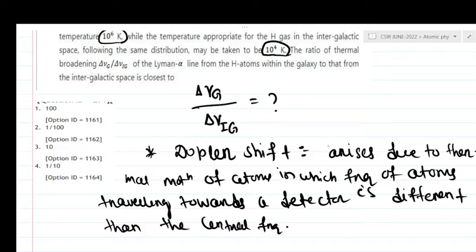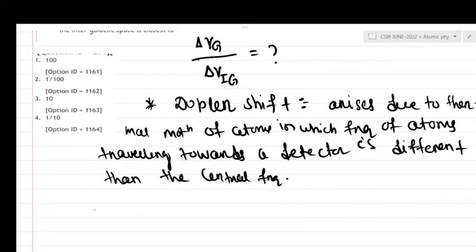Okay, see that Doppler shift arises due to the thermal motion of atoms, in which the frequency of atoms traveling towards the detector is different than the central frequency. So the transition in frequency arises, and there will be a shift also.